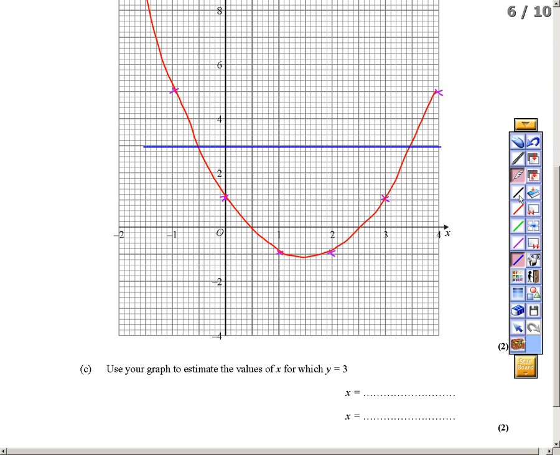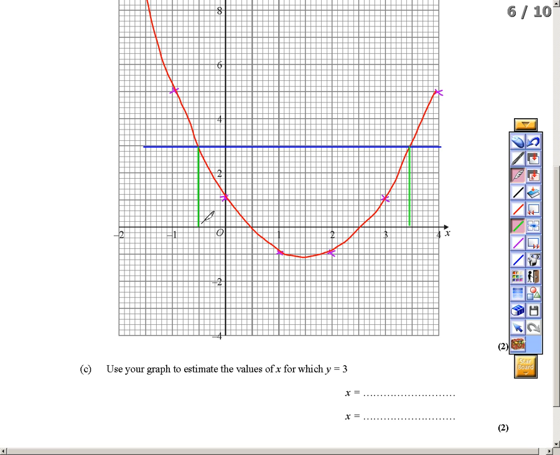I've got 1 here at about 3.4, 3.5, and 1 here at about minus 0.5.